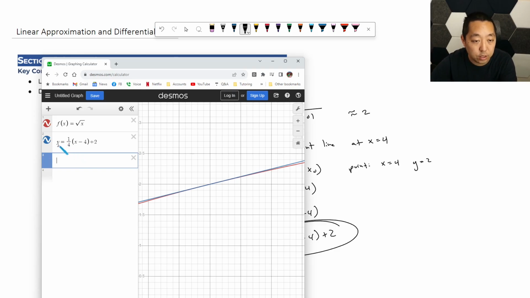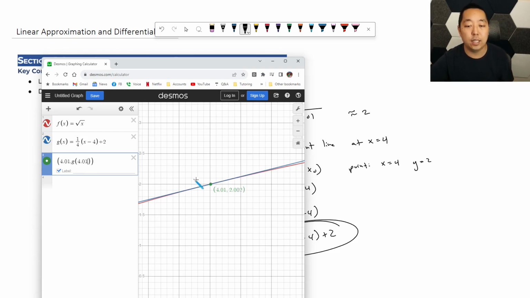Let's call this g of x just to make it a different line. I can put the point 4 comma g of 4 right there and label it, and then do 4.01 and g of 4.01, and I can get a slightly different number.